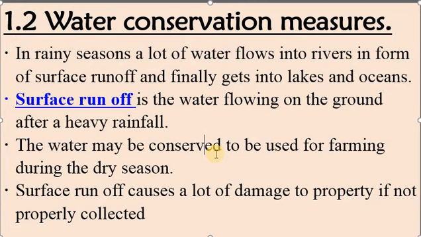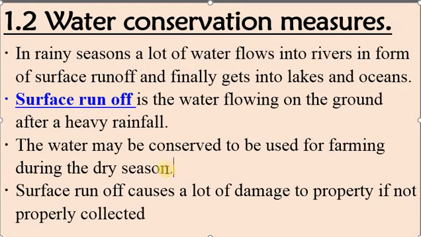We are left with water, it does not get lost, so that we can use it in the future. And the water, we are told, can be used for farming during the dry season. I think that's the main reason for conserving water, so that we can use it for farming during the dry season or when it's a dry spell.